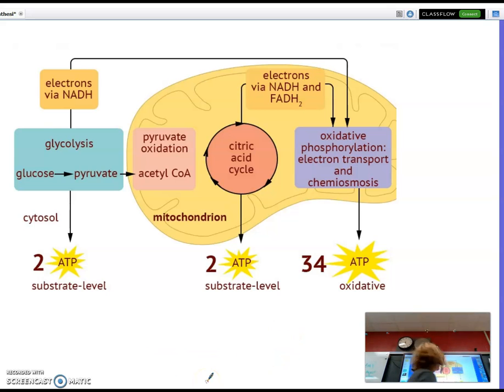So worth mentioning here, glycolysis right here, this happens in the cytoplasm. So just in that gel stuff where all the organelles are floating around, that glucose is going to get broken down into pyruvate or pyruvic acid. Remember, it's the same thing, 2 different names for the same thing.